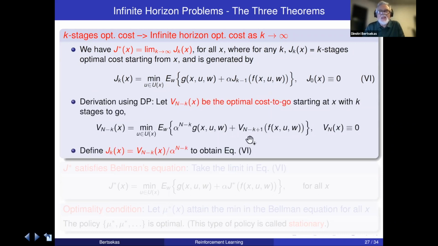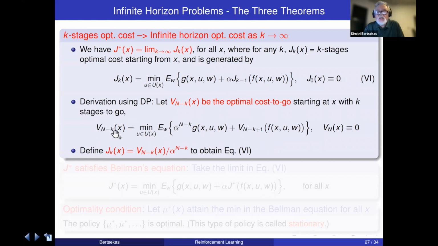And to see how you derive this equation from finite horizon dynamic programming, let's call V n minus k of x the optimal cost to go, starting at x and going forward for k stages. Then, by finite horizon dynamic programming, it is given by this expression.